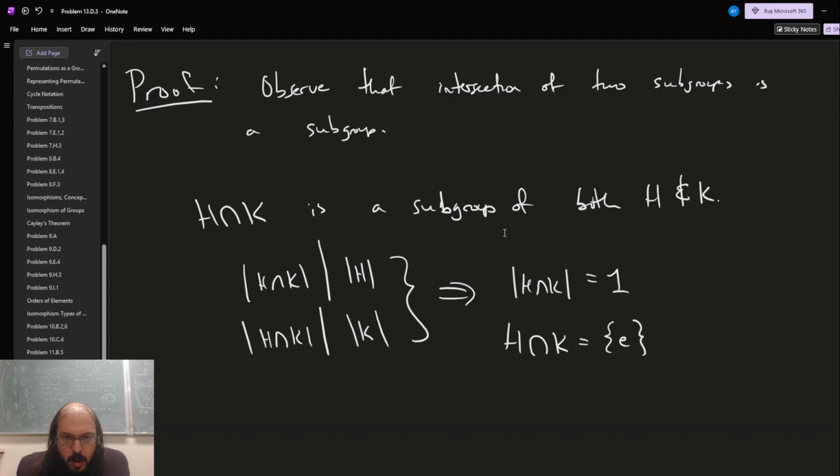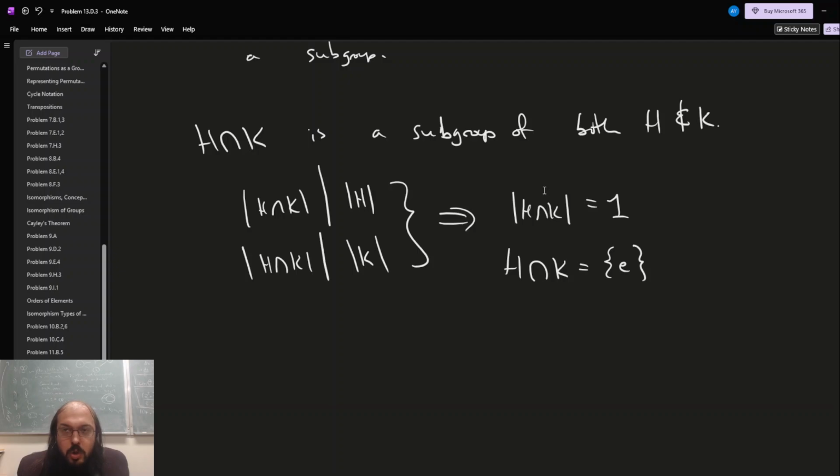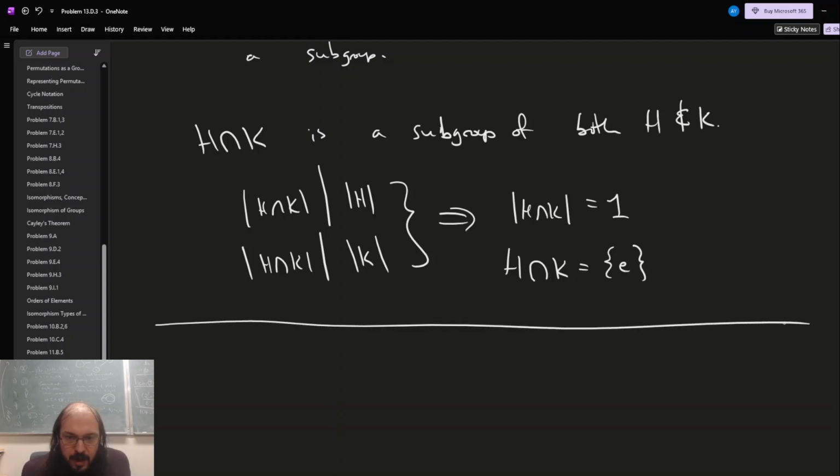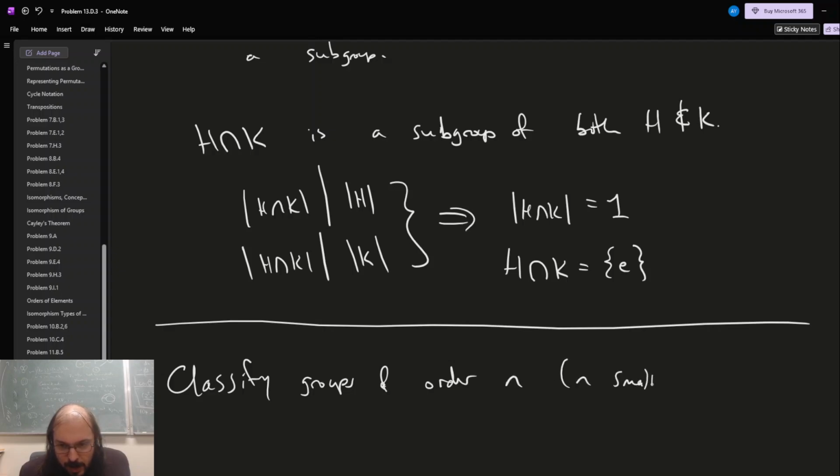There are a whole bunch more problems of this type in this chapter, some of which are in the homework. And also in the homework is a whole slew of problems of the form classify groups of order n for n small. Like I think they do 6, 8, 10, maybe they do 12 also.